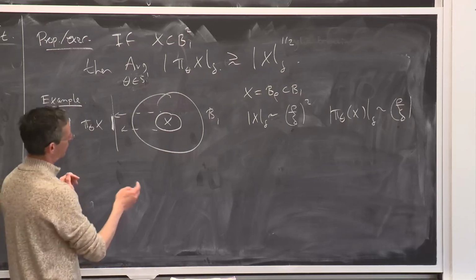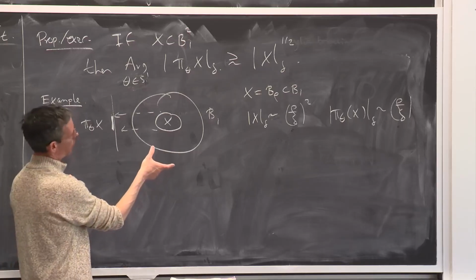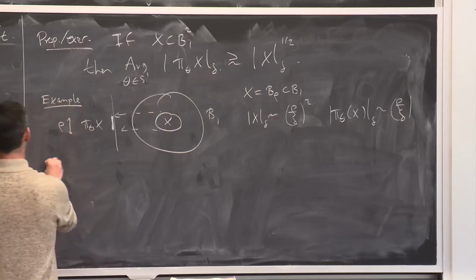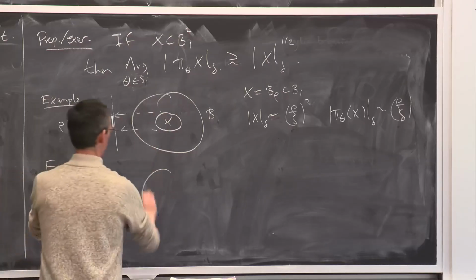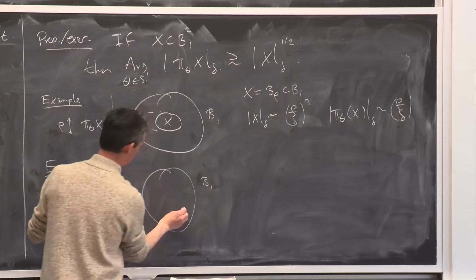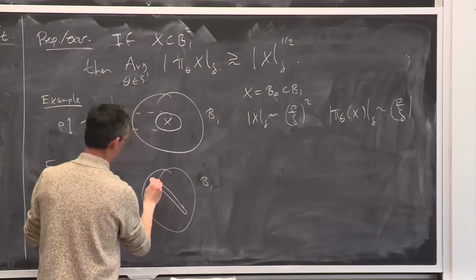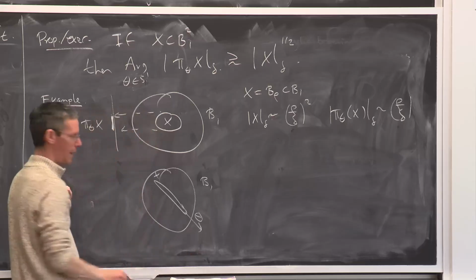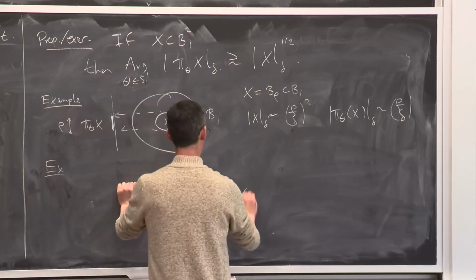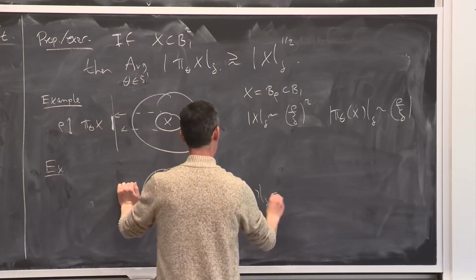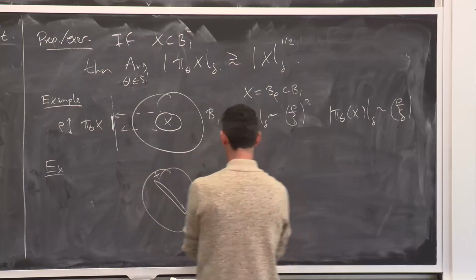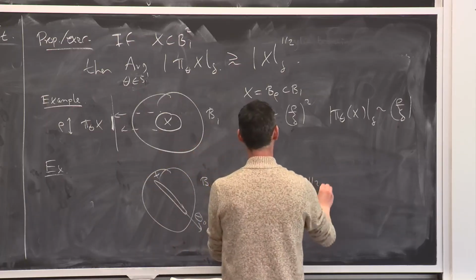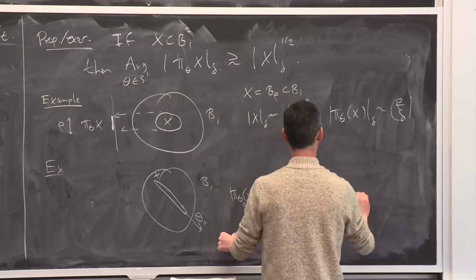You could devise an example where in one particular direction, the compression is much smaller than the square root. Here's an example like that. Here's x. Here's theta. OK, in this example, the delta covering number of pi theta naught of x is much smaller than x delta to the 1/2 for the one direction theta naught.